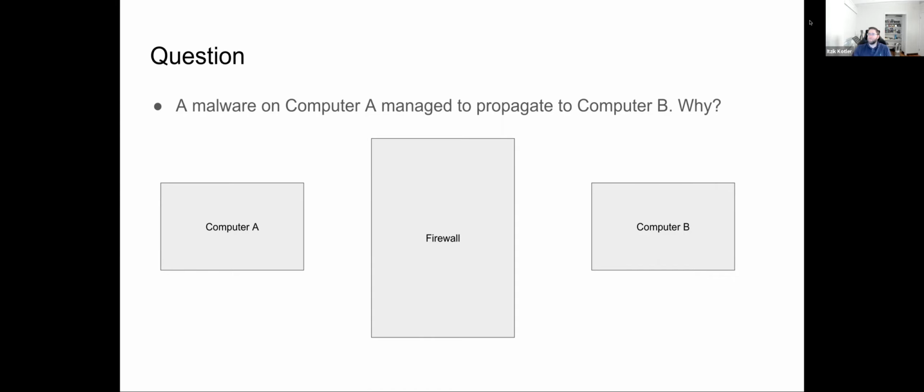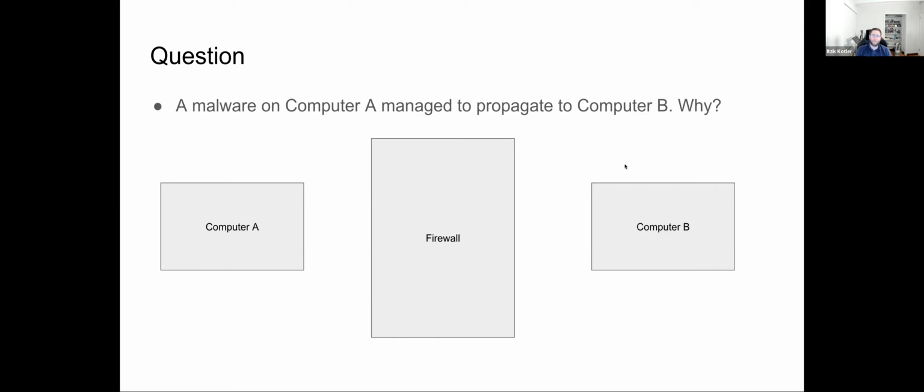Okay, so some of you have initially assumed, which is a great assumption, that there was a problem with the firewall. Problems could be anything from misconfigured firewalls to rule ordering, all this kind of good stuff. But that was not actually what I was leading with this. To get to the bigger idea of adversarial simulation, the firewall in this case was not effective because computer A had multiple ways to connect to computer B that bypassed the firewall.